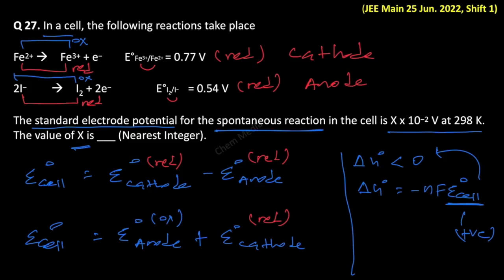Now, I prefer to use the first equation because using this equation means that you have to change the sign. So, therefore, I don't want to do it. If you are comfortable changing sign and doing it correctly, that's up to you. But keep in mind that it's safe to use the first equation, because in that case we don't have to change the sign.